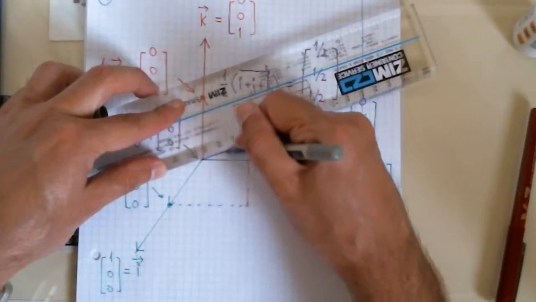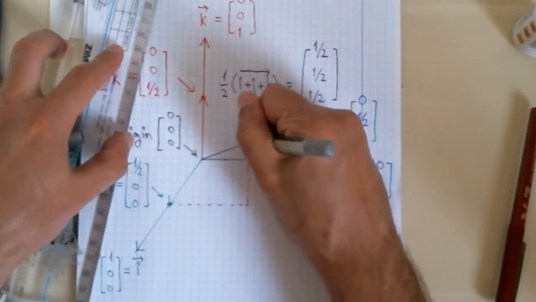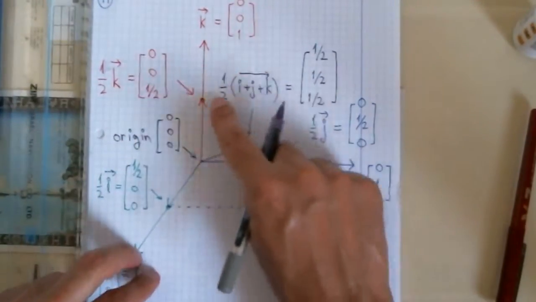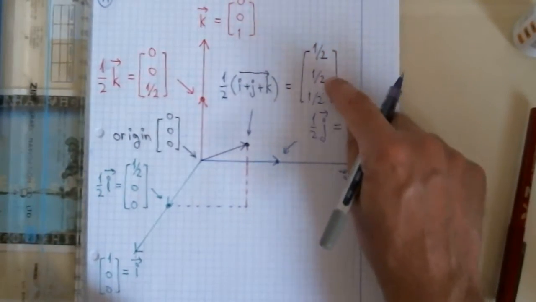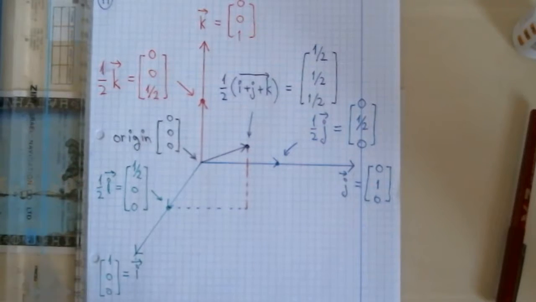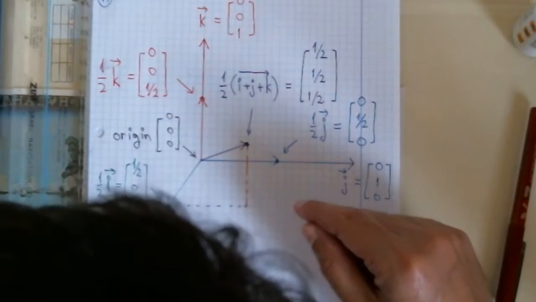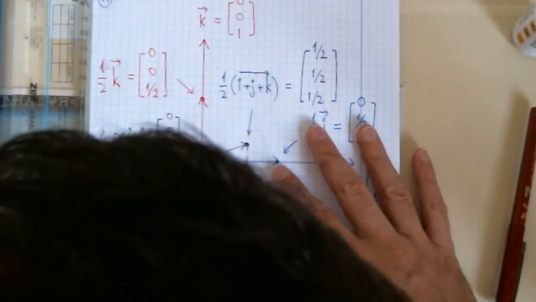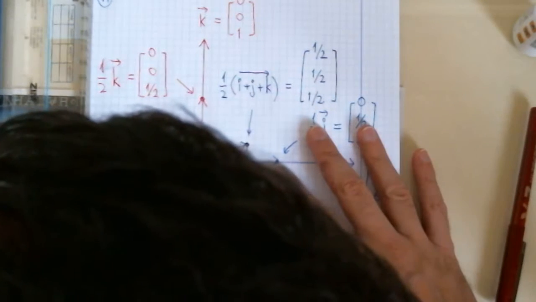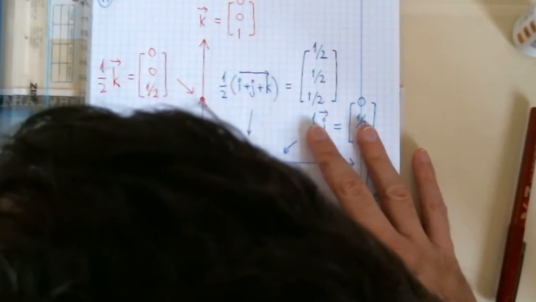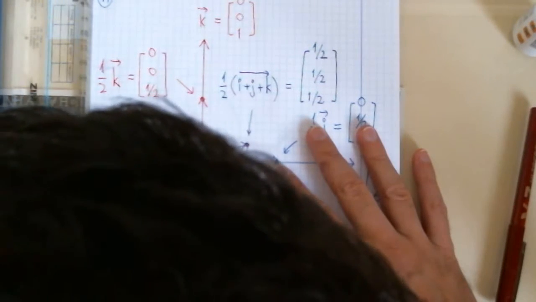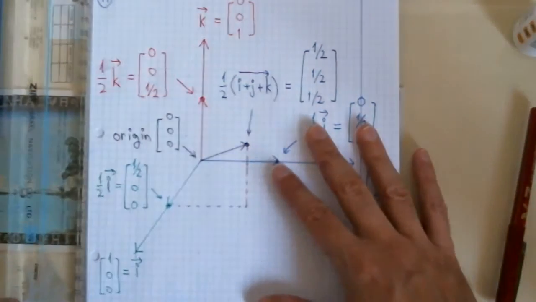So this vector that I'm drawing now is half I plus j plus k, which is half, half, half. Okay, and let's see what else they ask. The center points of the 6 faces.